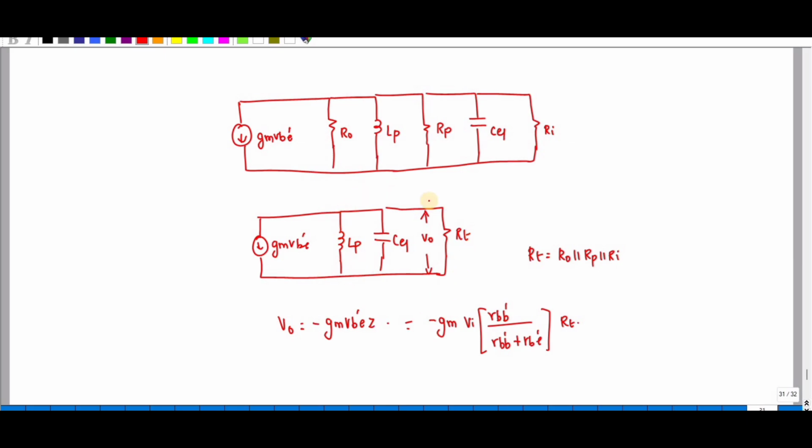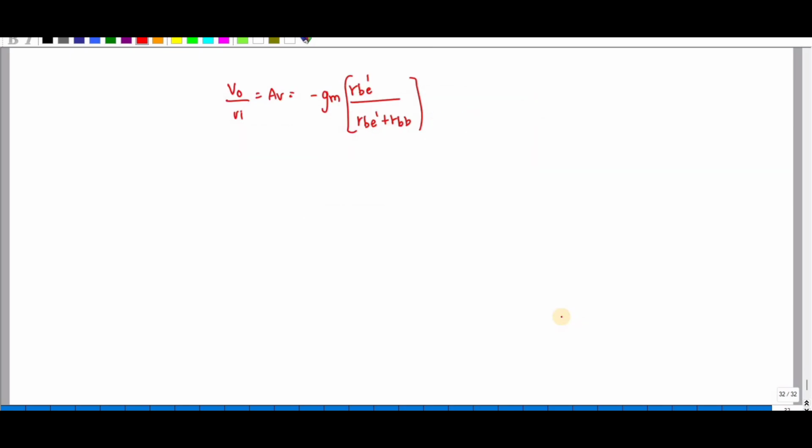Since this whole value is your Z, we need to find the value of Z. So what is Z?